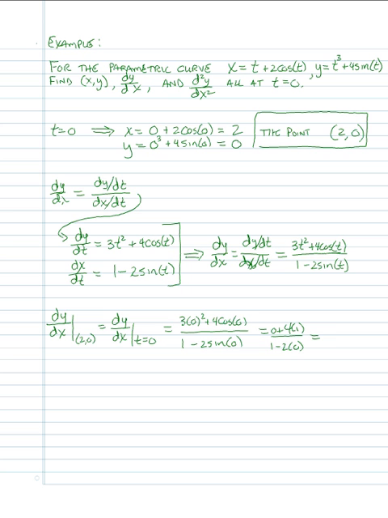The bottom line is we have 4 over 1, or 4. Well, that can be interpreted as the slope of the tangent line at the point 2, 0.